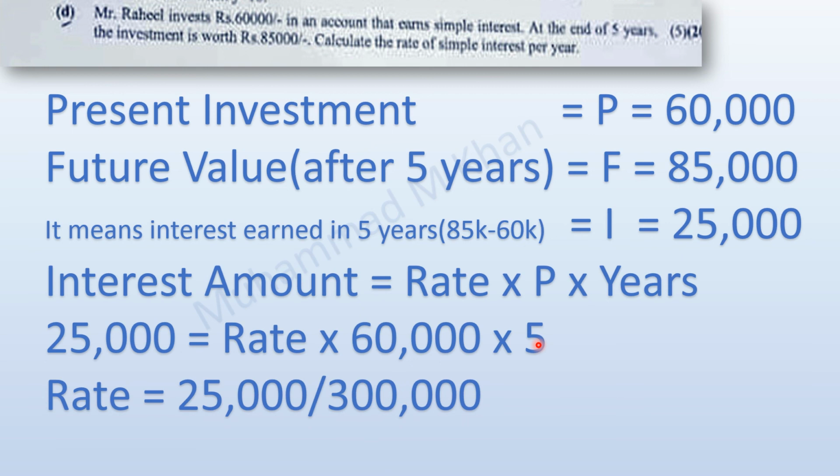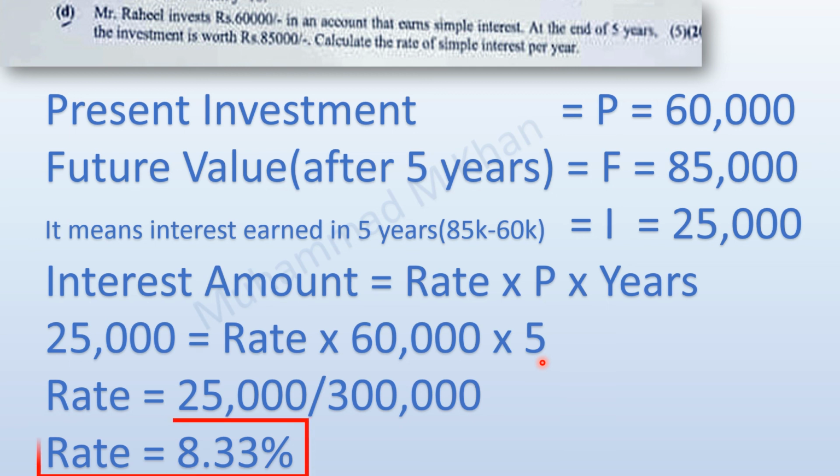So rearranging these terms, for the rate, 25,000 will be divided by 300,000, which is the product of 60,000 and 5. So solving it, dividing 25,000 by 300,000 gives us 8.33%, rounded to 2 digits. So this was the required solution of part D of question 7.